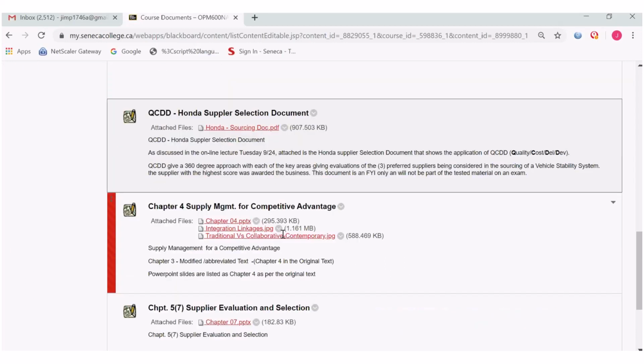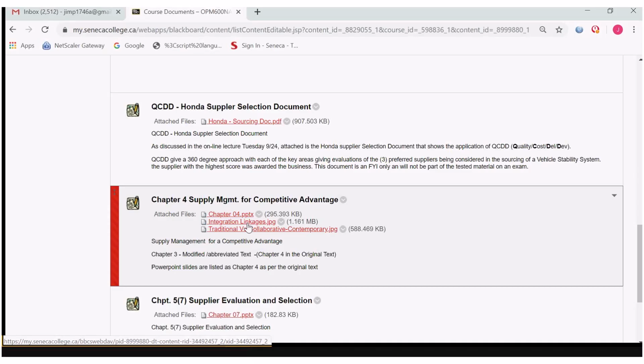Okay, chapter 4. We're in chapter 4 now in the main textbook, chapter 3 in the abbreviated textbook, but the slides say chapter 4, and you'll notice I've added 2 additional documents here: integrated linkages and traditional versus collaborative or contemporary characteristics. Those 2 documents are actually exhibits in the textbook that I think are important, and so I've copied them, I've scanned them and put them in here for the simple reason that if you don't have a textbook, they're not in the PowerPoints, and therefore it's important that you be able to see them.